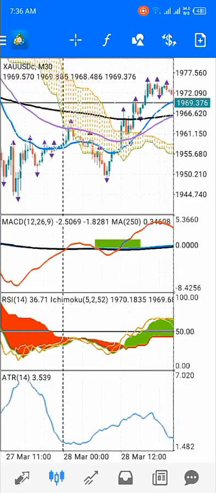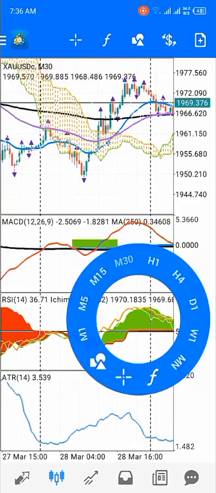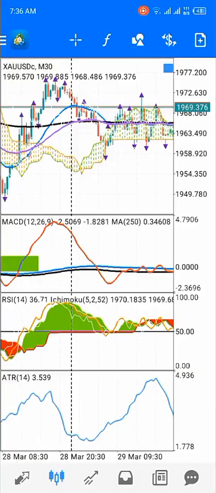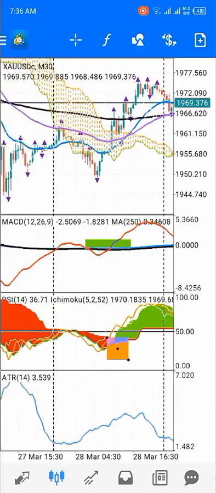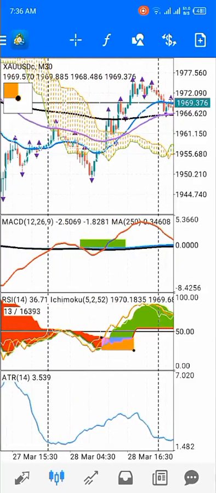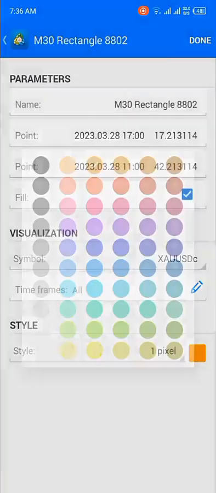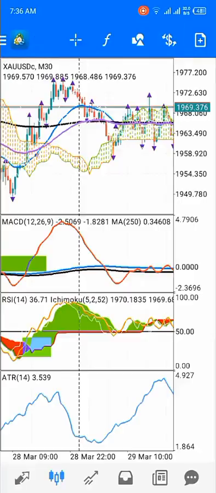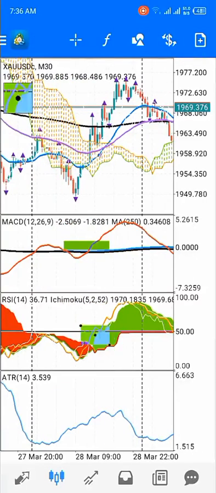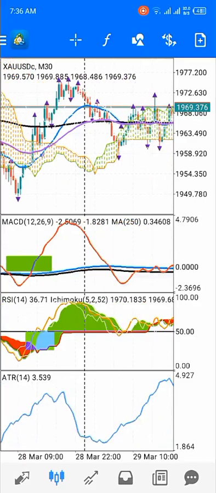Look at window 2. When you have the changing colors, you look for your buy or sell trade. For instance, at this point, the cloud changed to green, and then you have the orange line crossing above the cloud. You look for opportunities.